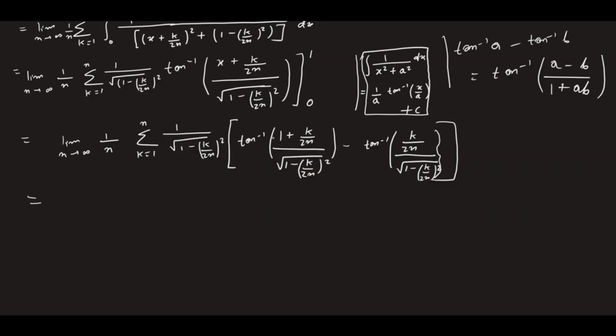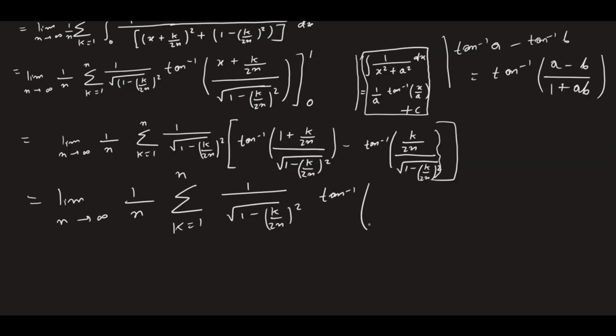So this will be the limit as n goes to infinity of 1 by n summation k from 1 to n of 1 upon root of (1 minus k by 2n) whole square, times tan inverse of A minus B, which will be 1 by root of (1 minus k by 2n) whole square divided by 1 plus AB.